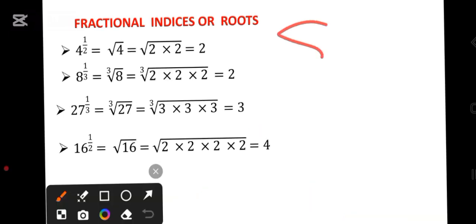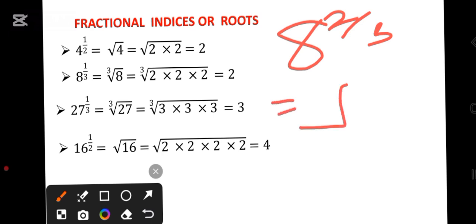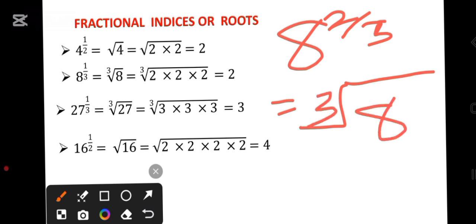Another example, 8 raised to power 2 over 3. What do we do? According to our law, since the denominator is 3, it becomes the cube root of 8. The numerator is 2, so it becomes the power. What do we do now?